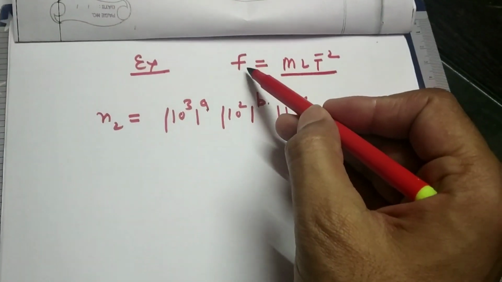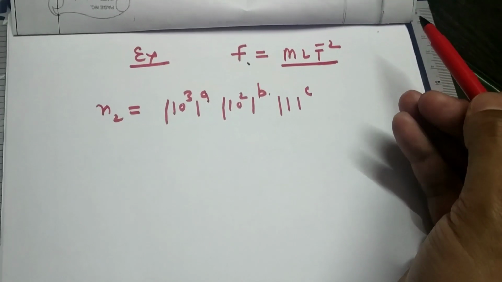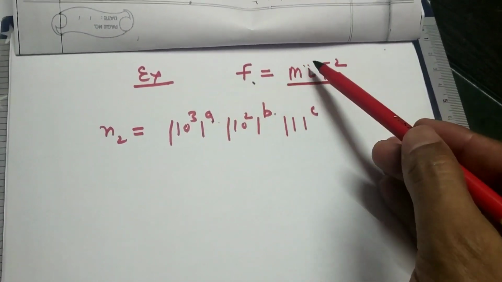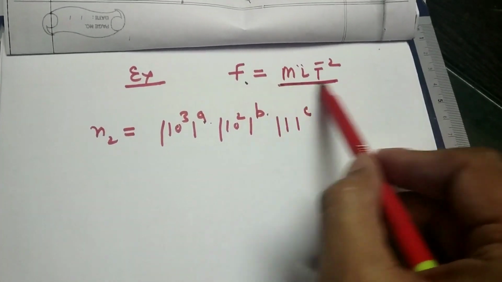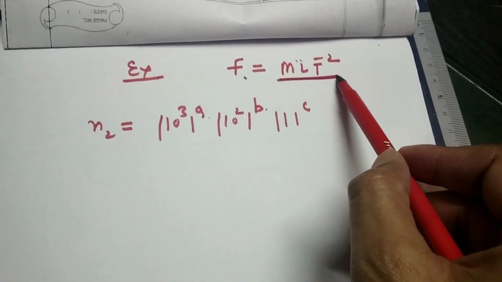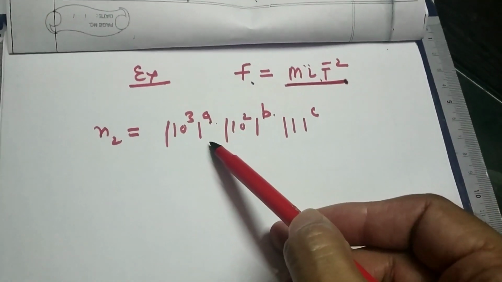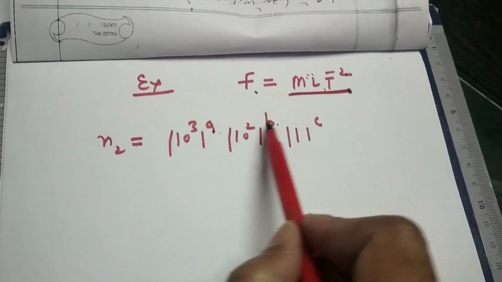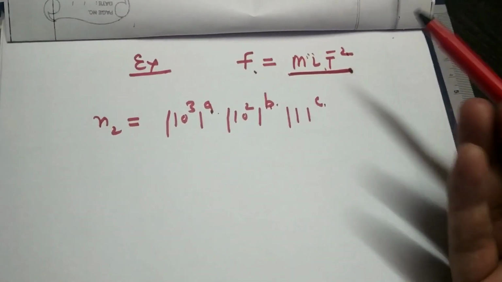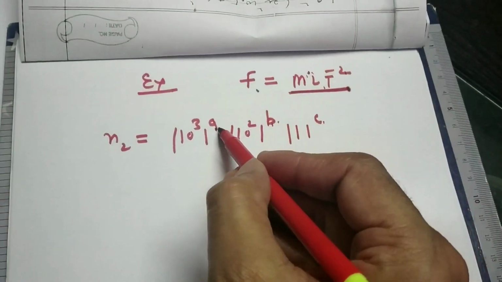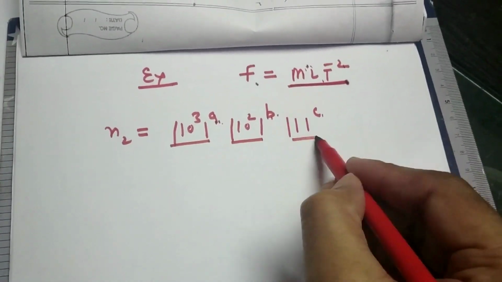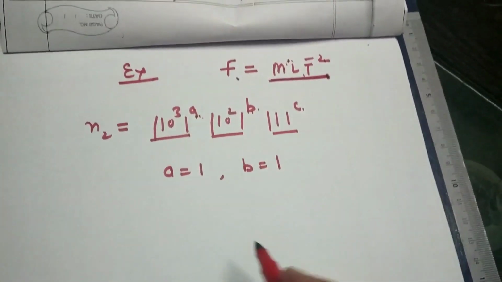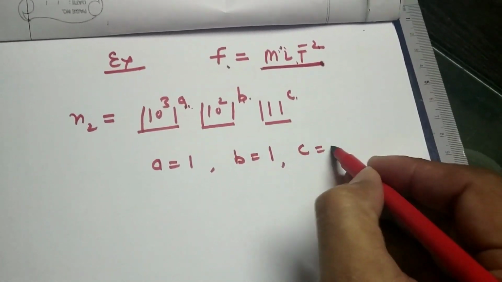And we want to convert force into the CGS system, MKS into CGS. So first of all, the dimension formula we will compare from the quantity which you want to convert with the common formula. The dimensions of the quantity you want to convert, we will compare with the a, b, c dimensions. Okay, this is for M, L and T. So a is 1, b equals 1 and c equals minus 1.